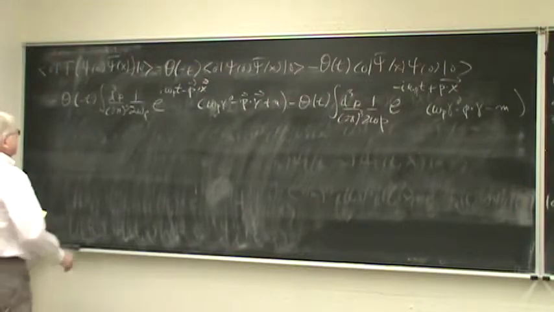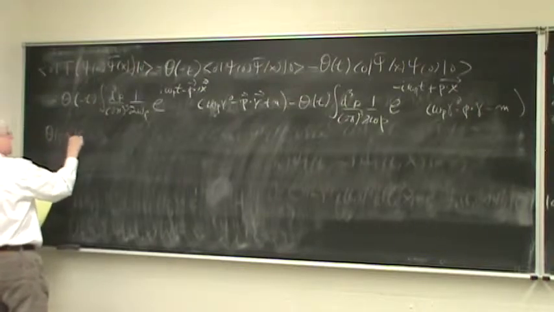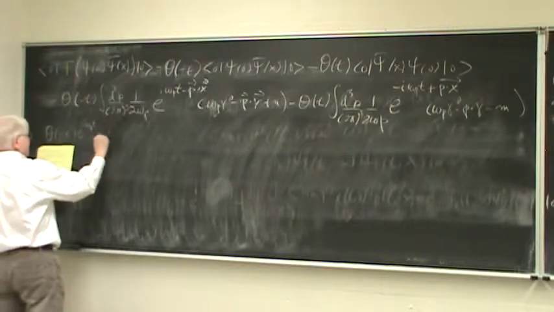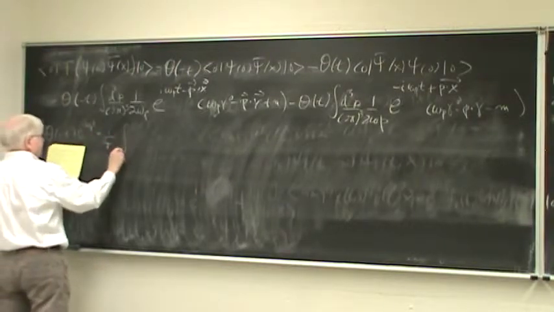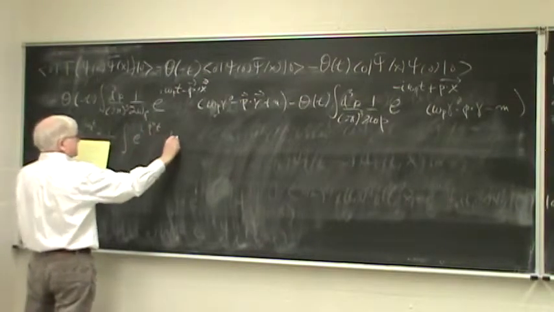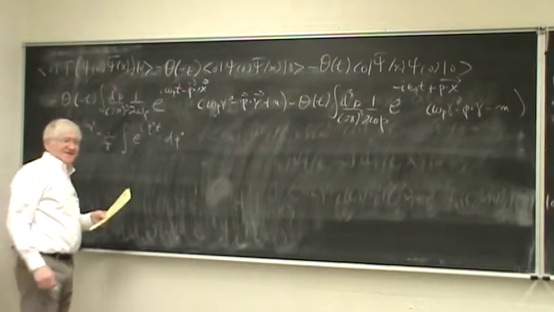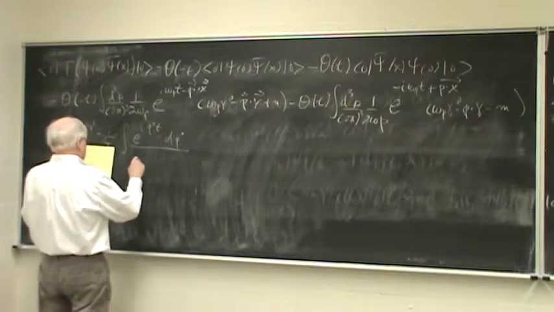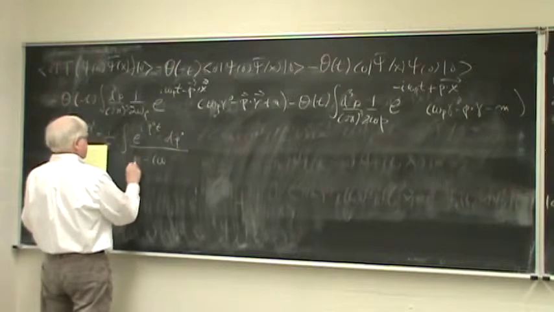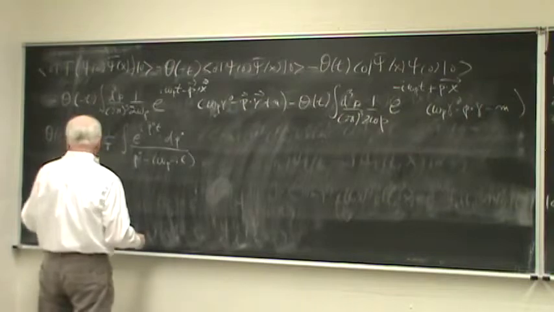Now, there are a couple of identities here. Theta of minus t, e to the i omega p t. This turns out to be a contour integral, i over pi integral, and I'm going to call this e to the i p0 t, dp0. That's p0, not Pizarro. Divided by, well, there I screwed up, p0 minus omega p minus i epsilon.